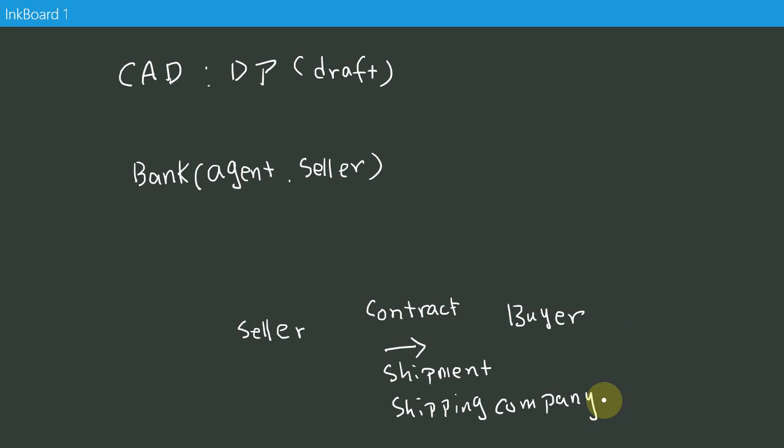The shipping company means the shipping service from hub to hub. Okay, just the hub-to-hub servicing company we call the shipping company. The shipping company issues a bill of lading, right? BL. They issue the BL. It's a very important document, right?